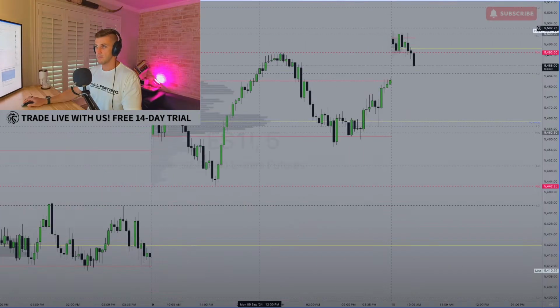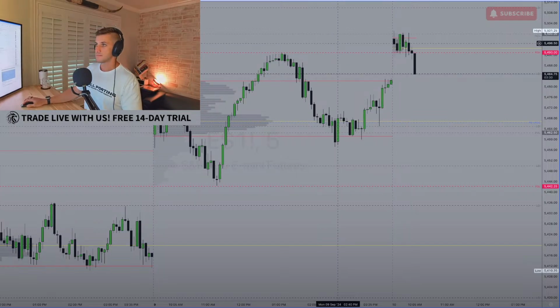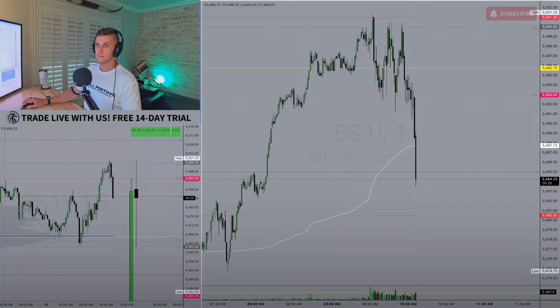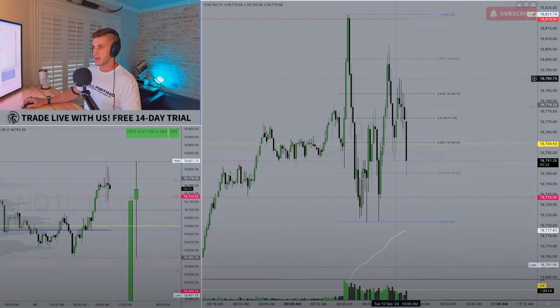ES, there's your VWAP. Gap fills down into that 82, 85 area. So you can watch the reaction there if you're trading ES. There it is right now. And here's NQ back into that prior day high zone. Actually, not quite.